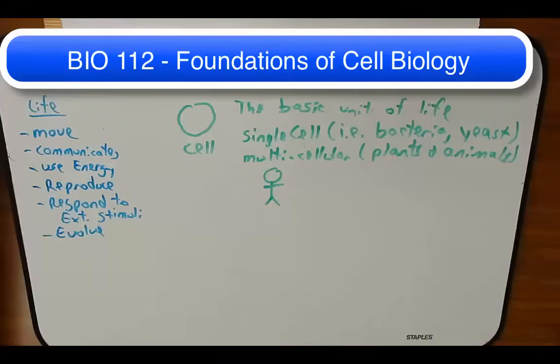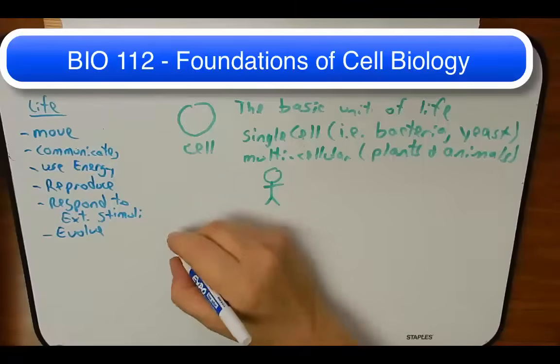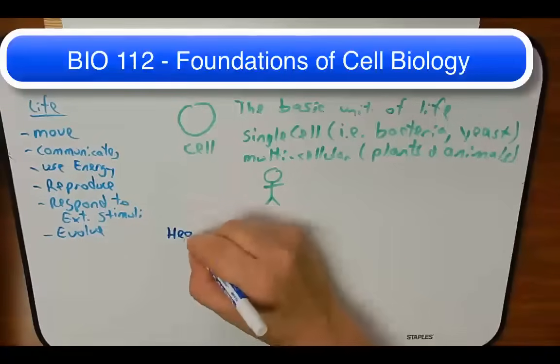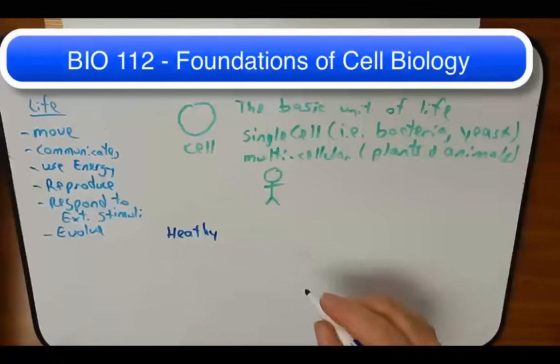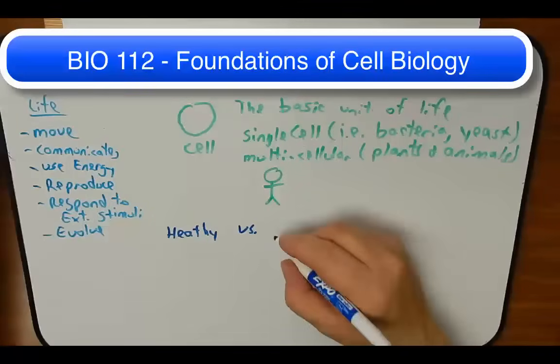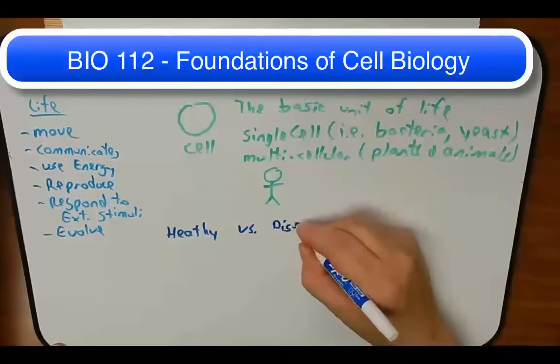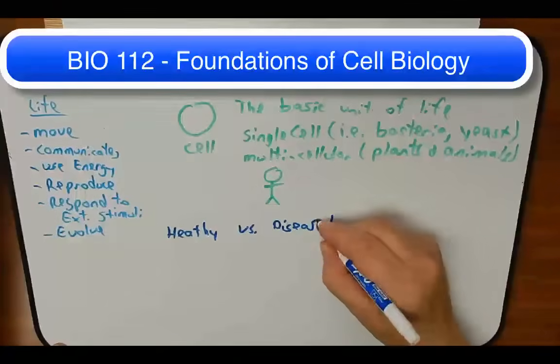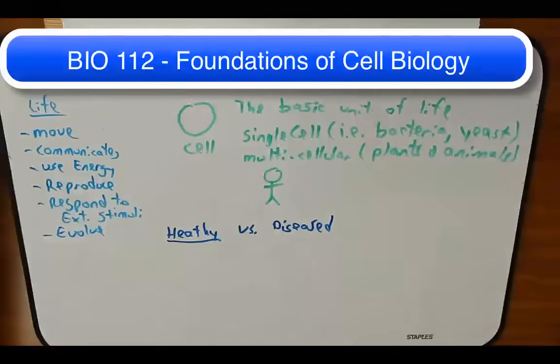By understanding life in a single cell and ultimately in a multicellular organism, it helps us understand how that life functions during healthy situations versus unhealthy, or I'll just write diseased situations. You kind of need to know healthy before you can really appreciate disease.